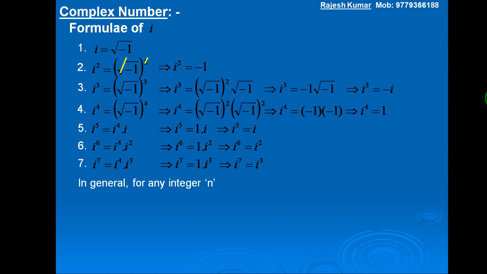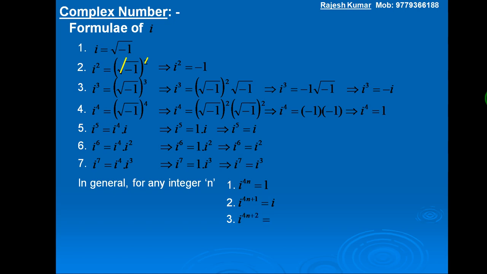In general, for any integer n, first one, iota to the power 4n is equal to 1. Second one, iota to the power 4n plus 1 is equal to iota.